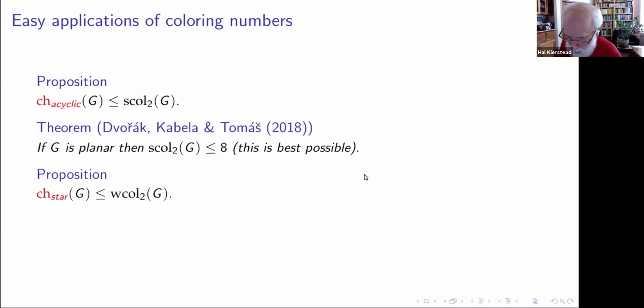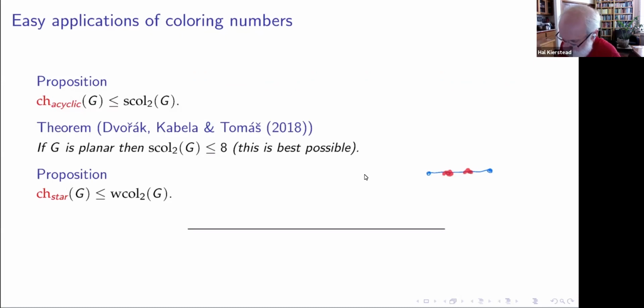How about star chromatic number? Well, in fact, star list chromatic number. In star coloring, what you're trying to do is color properly so that any P4 gets 3 colors. So this time I want to take an ordering that witnesses the weak 2 coloring number, and look at my P4.